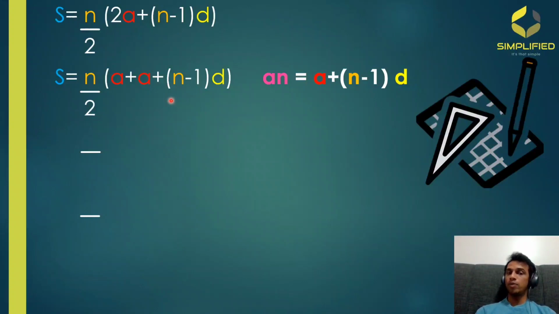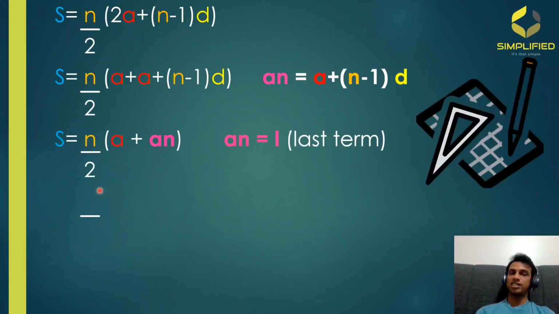So we are going to replace that with an right here, which means our equation is compressed into s is equal to n by 2 into a plus an. So an is the last term, or in other words you can represent it as L also, which you should know is actually the last term. We are going to use this equation in certain situations, like if you have already been given the first term and last term, and also you know the number of terms within that sequence.